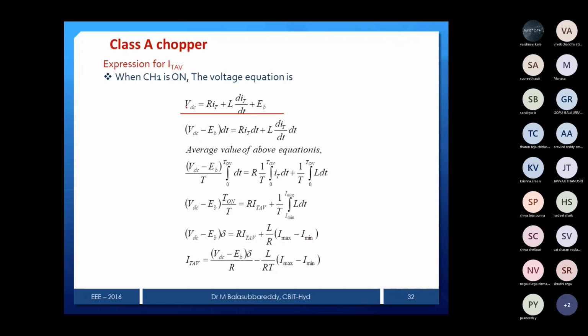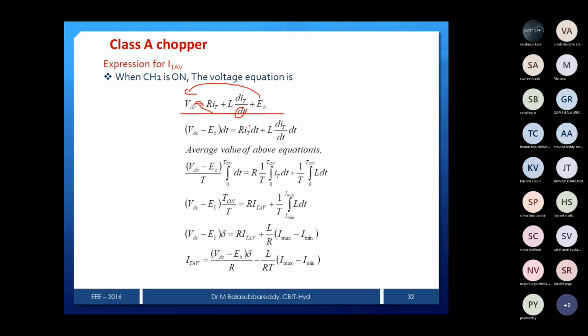So VDC is equal to R I plus L di by dt plus EB. Now this EB I will write on this side, so VDC minus EB. I cross multiply dt, so that it equals R into IT dt plus L dIT by dt dt.